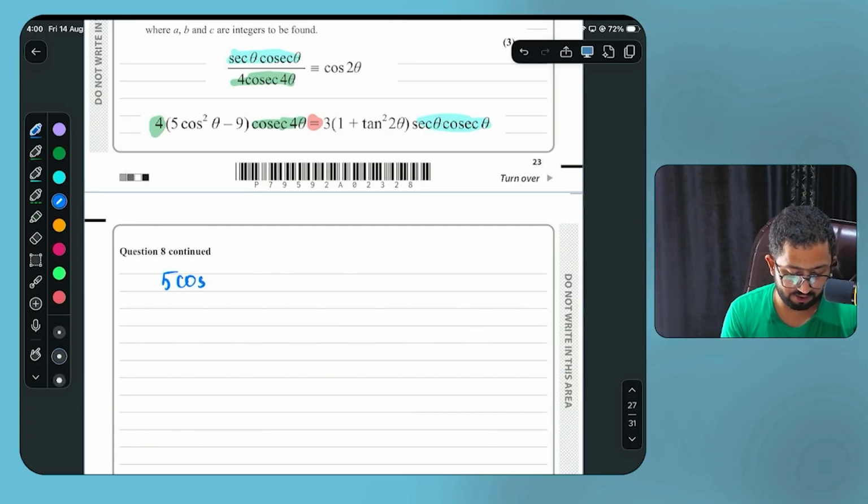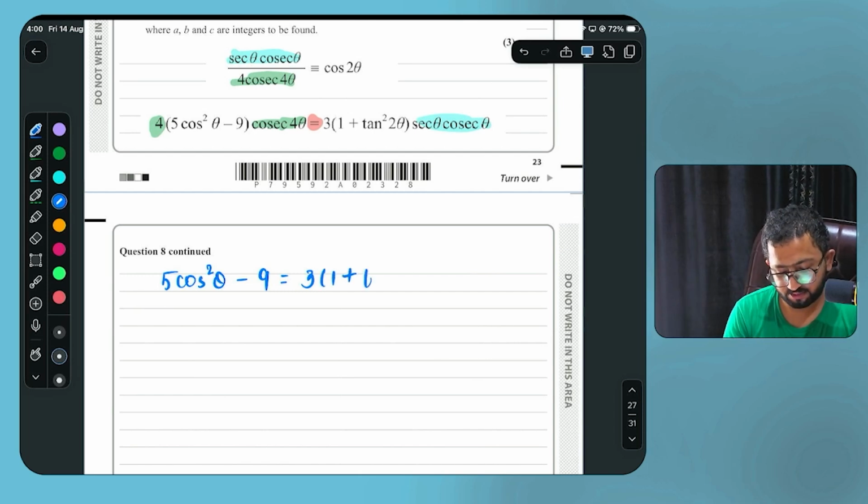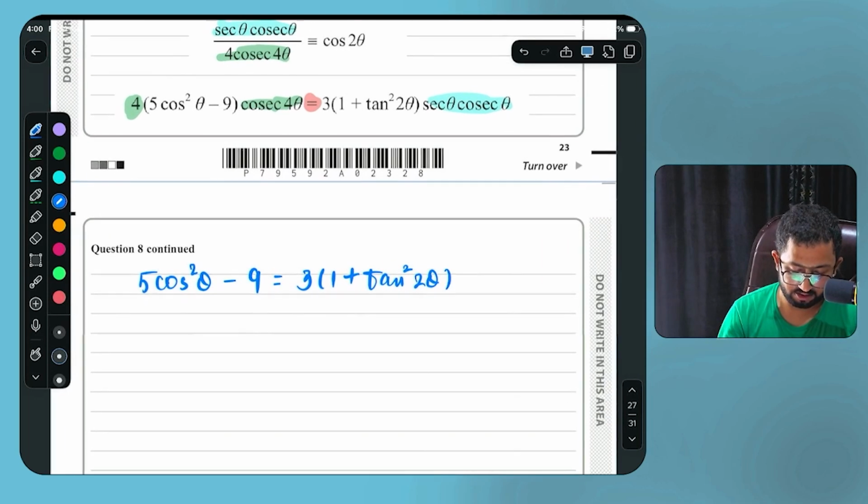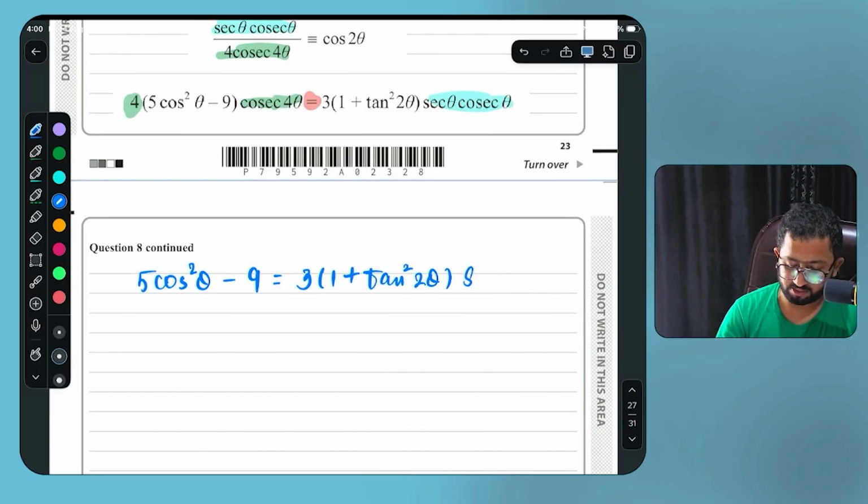So here is 5 cos theta minus 9 equal to secant theta cosecant theta divided by 4 cosecant 4 theta, shifted to the other side. Obviously it will divide.